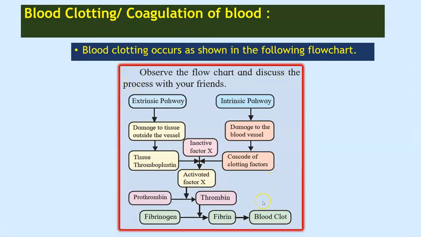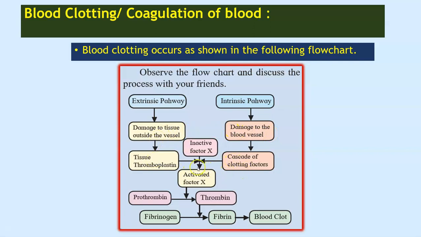Here, students, you can see with the help of a flow chart the steps of the process of blood clotting. You have the intrinsic pathway here, and the extrinsic pathway that is present here. The extrinsic pathway begins with damage to the tissue outside the vessel. The intrinsic pathway begins from damage to the blood vessels.